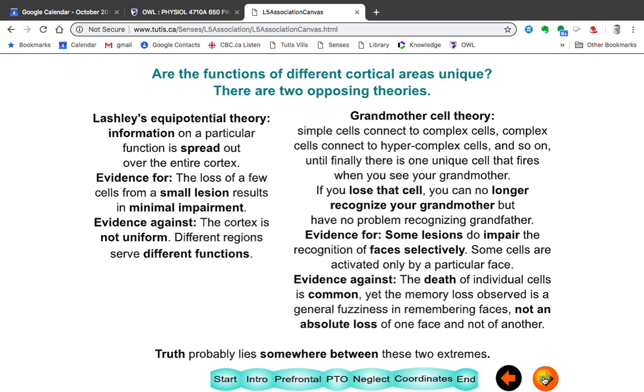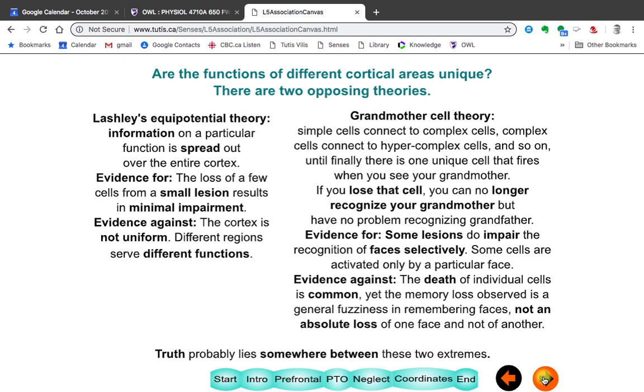At the very other extreme is something called the grandmother theory. The idea is that you have V1 cells, and you have complex cells, then finally you get to something like the face cell, which stores grandma. Well, that's probably true. There is a cell that stores grandma, but there's lots of them.